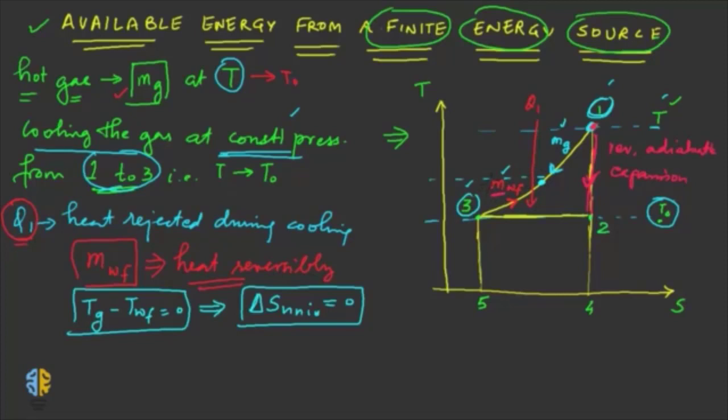In doing so, it does some work, because when you expand some hot working fluid in a turbine, you get some shaft work. Let us say that work that we get is WE. So this is the amount of work that we get. Let me write it down.